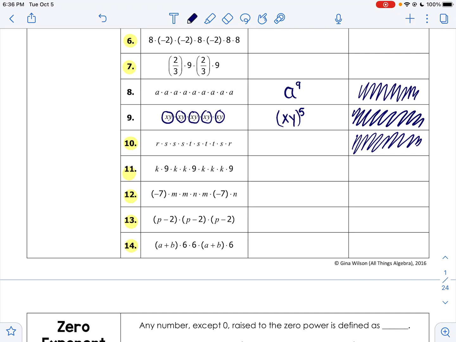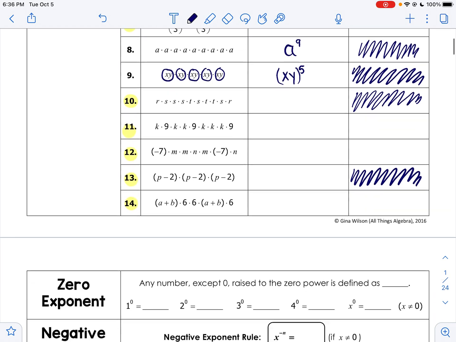But then the k will stay as an expression. The same thing on number 12. You can still find the value. Number 13, you won't be able to find the actual value. And then number 14, you will. So for 11, 12, and 14, you'll have a value for your numbers, but then you'll also have a variable in your answer.